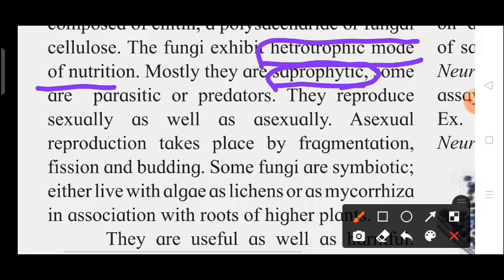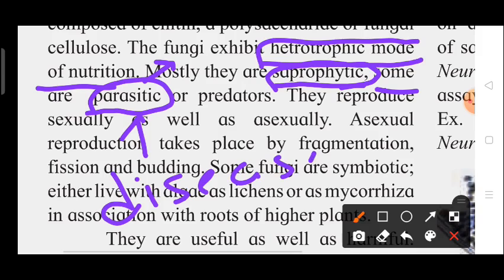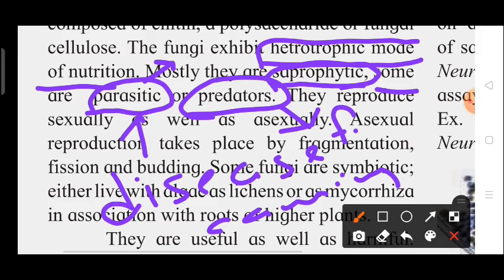Saprophytic means they depend on dead and decaying matter. Some are parasitic. Parasitic means they feed on other organisms and depend on them. Last time we studied that disease-causing organisms are called parasites. And what is a predator? A predator is one that feeds on other organisms.